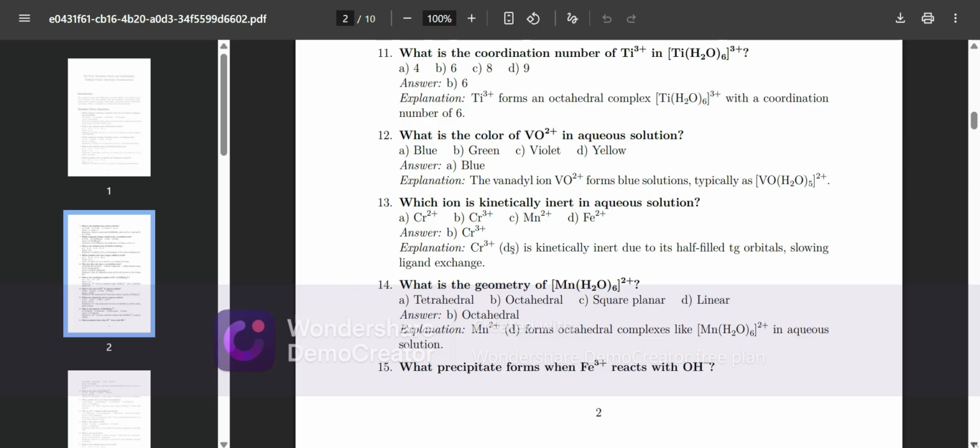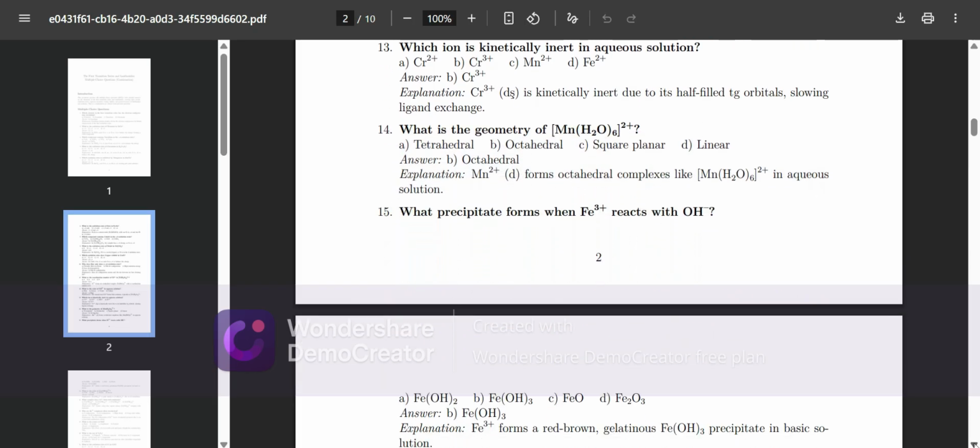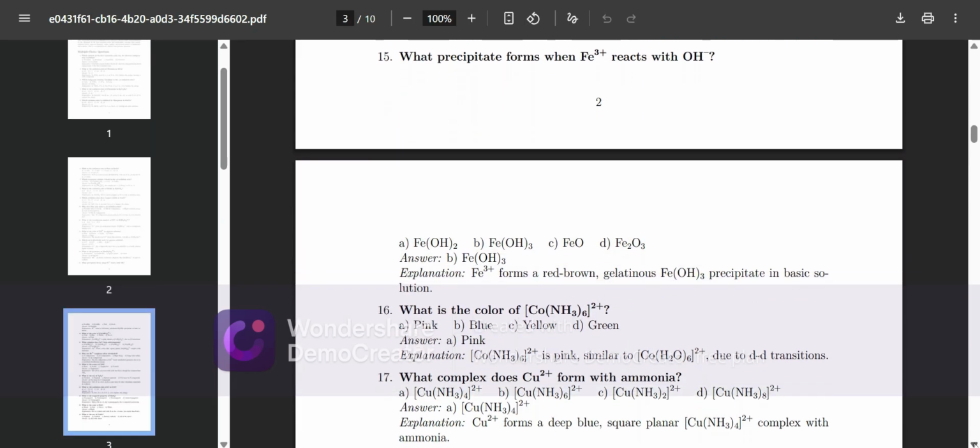What is the geometry of [Mn(H2O)6]2+? Octahedral. Mn2+ forms octahedral complexes like [Mn(H2O)6]2+ in aqueous solution. What precipitate forms when Fe3+ reacts with OH-? Fe(OH)3. Fe3+ forms a red-brown gelatinous Fe(OH)3 precipitate in basic solution.